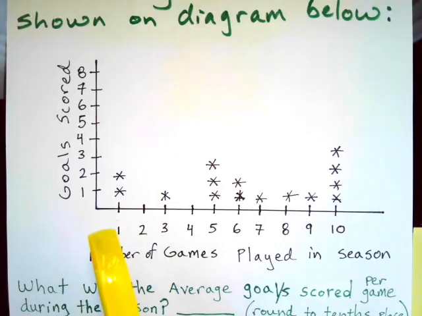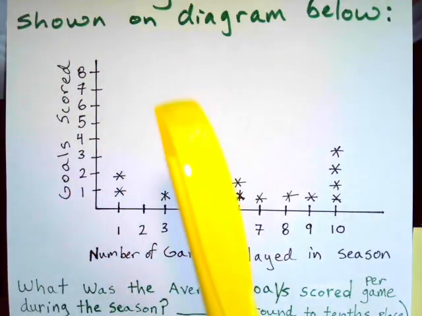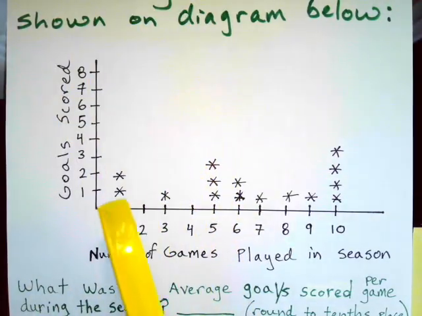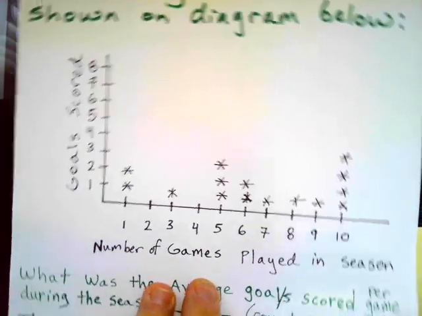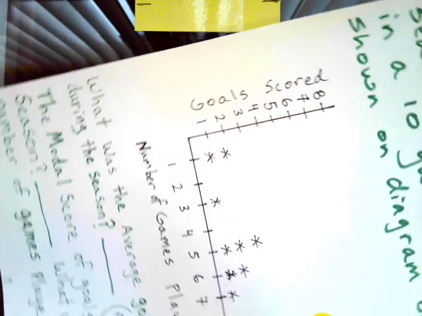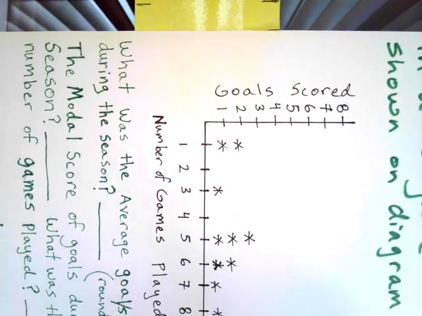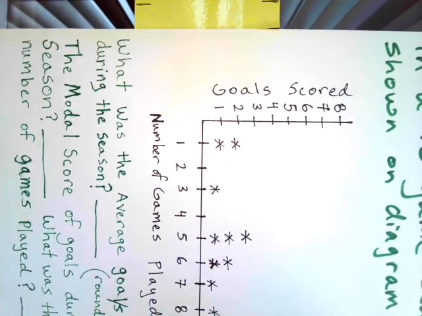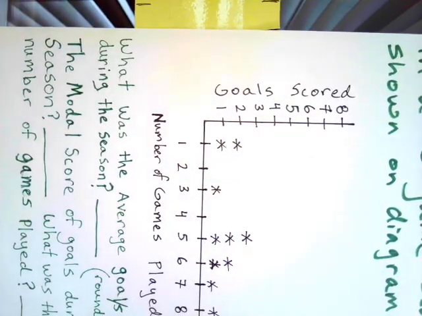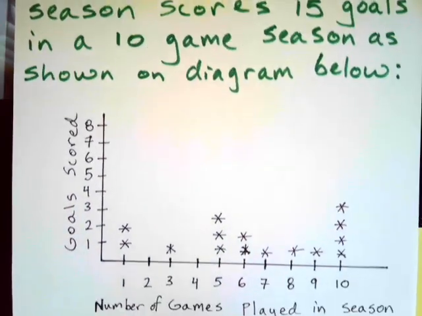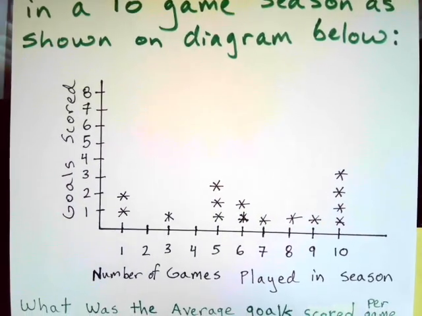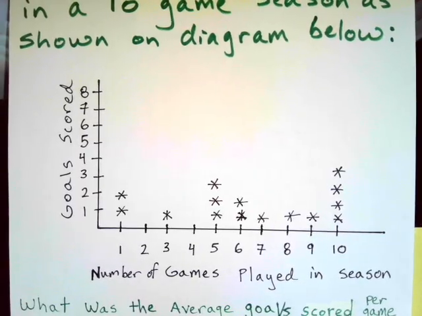Now, if you're having a hard time reading this side, the y-axis, on an x and y coordinate plane, you can always turn your page if you're taking a paper-based assessment, right? And you can see it here, goals scored. But if you're taking a standardized assessment electronically, it's going to be a little bit difficult to turn your computer screen.